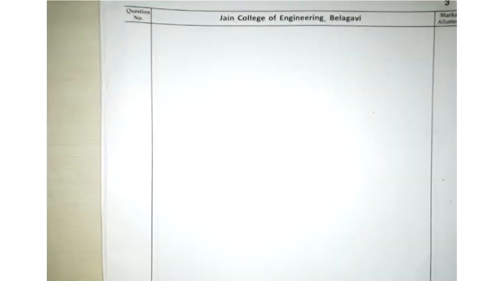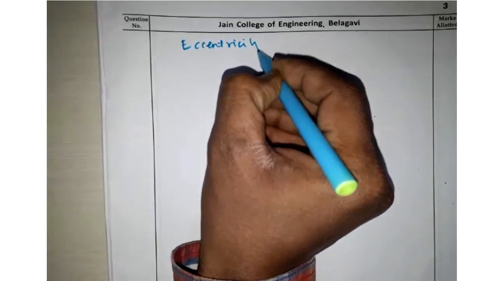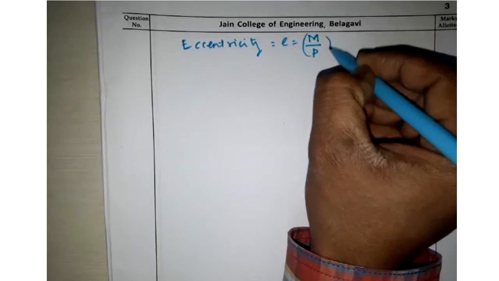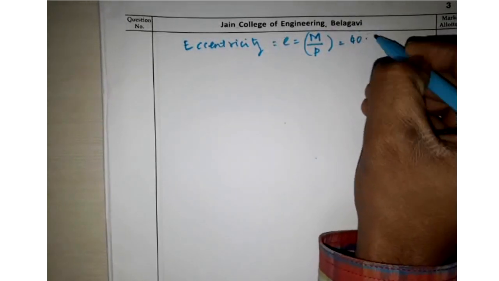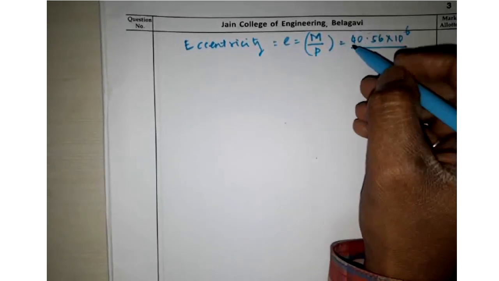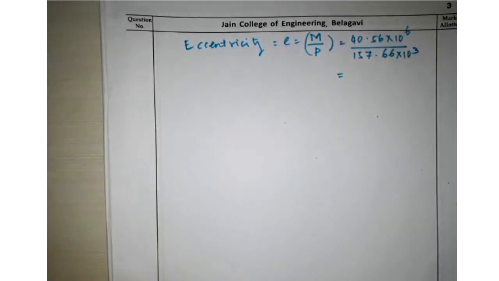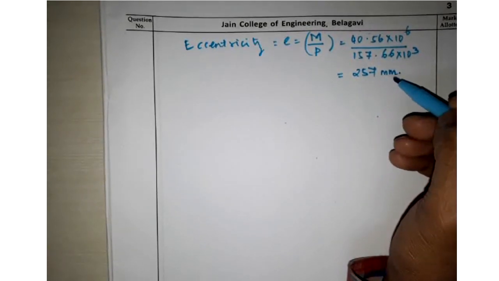First we will find out the eccentricity, which is equal to M by P. The moment is 40.56 into 10 to the power 6 divided by P, which is 157.66 into 10 to the power 3. So we get the eccentricity as 257 mm.